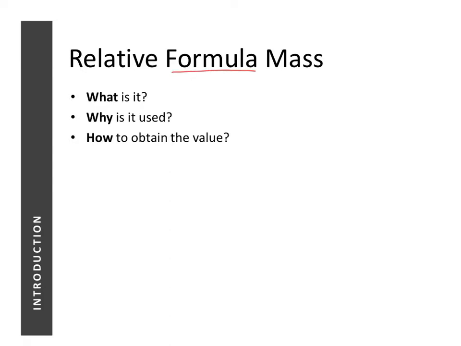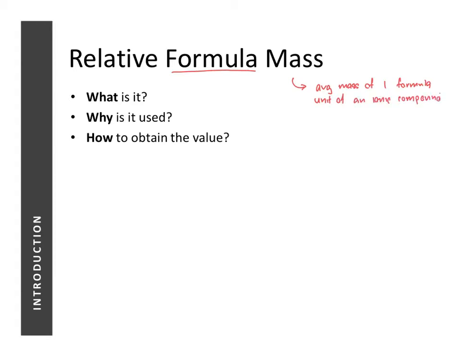So what is the thing that we have yet to look at? It's ionic compounds. For ionic compounds, we call the relative mass the relative formula mass. It's actually the average mass of one formula unit of an ionic compound.